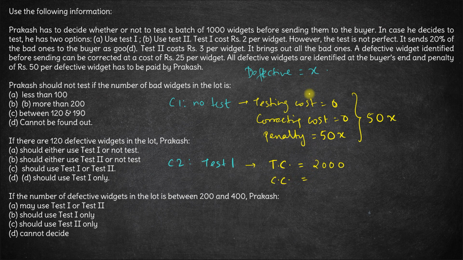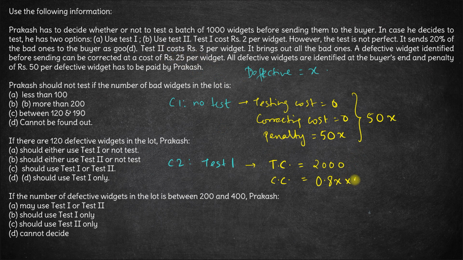In test 1 only 80% of the defective widgets will be detected as bad. So if there are X defective widgets, the test will detect only 80%, that is 0.8x widgets, to be defective, and for these widgets the correction cost will be 25 per widget.